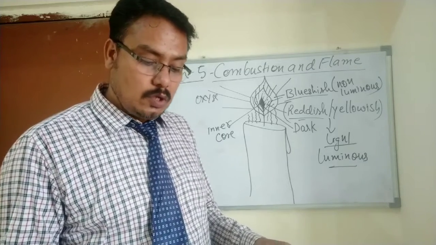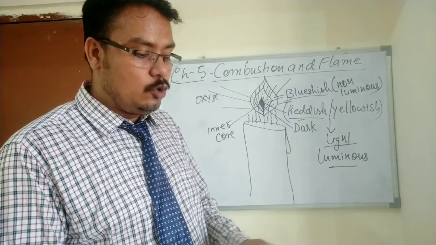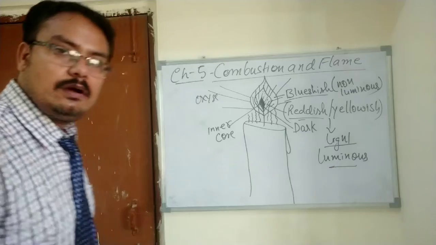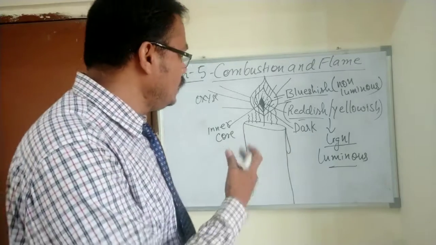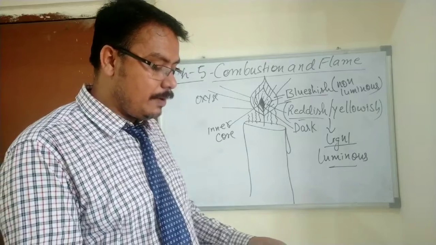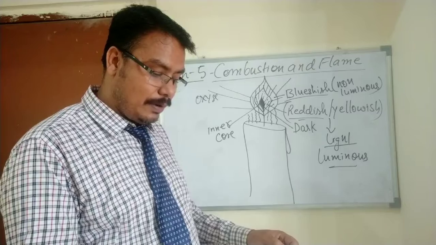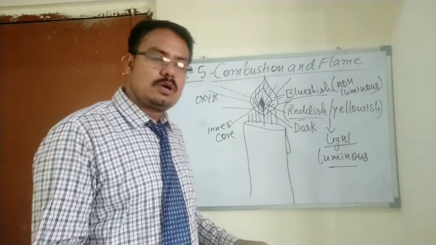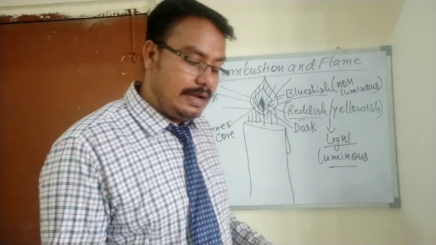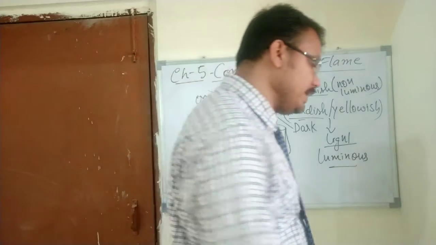So student, today I have explained the different parts of combustion, the different parts of the flame, and also how to control fire with a fire extinguisher and the different methods used to control fire.